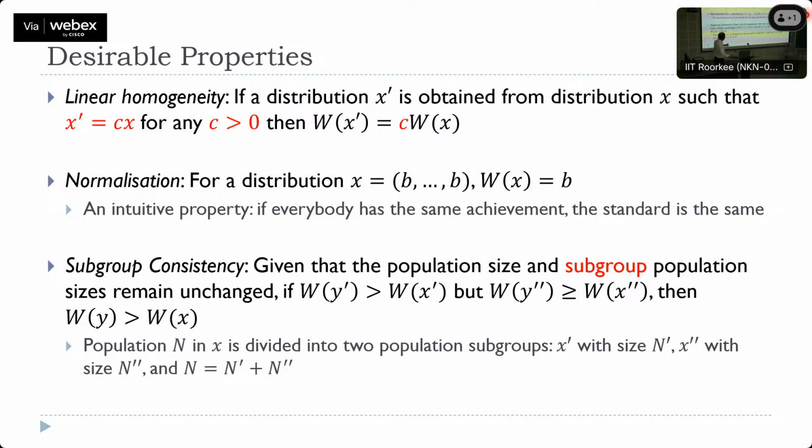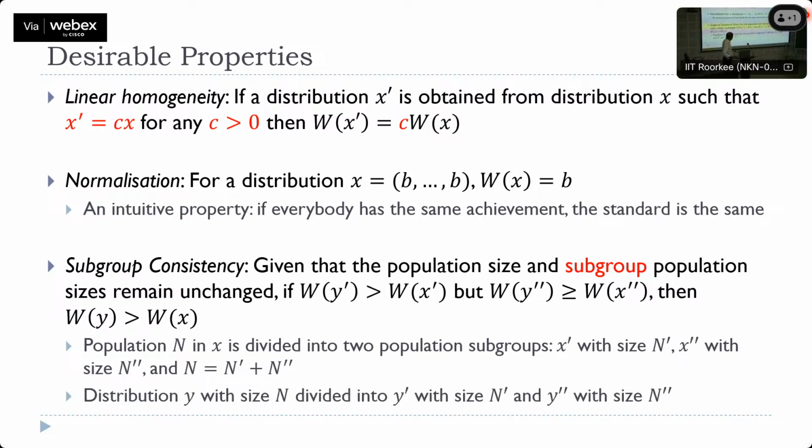So generally, if you divide the population into subgroups, it could be gender, male, female, or as I said, North India, South India, so that the total population is the sum total of the subgroup populations. Then you obtain distribution Y with the same population size.